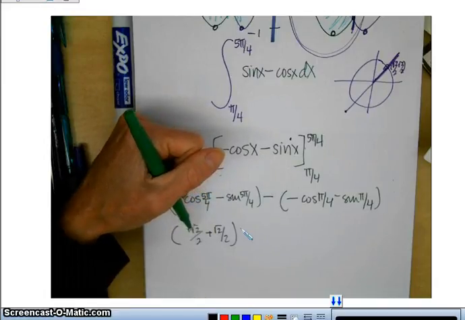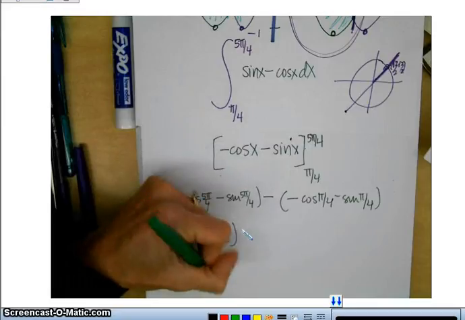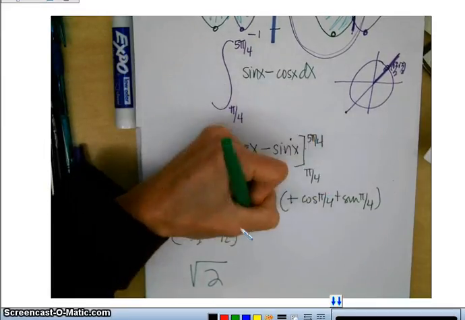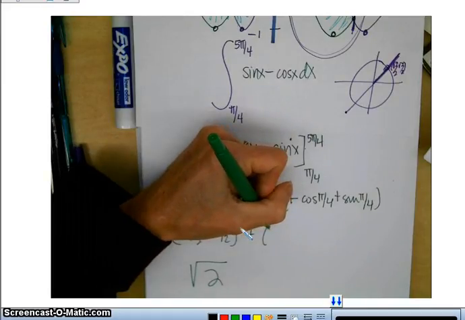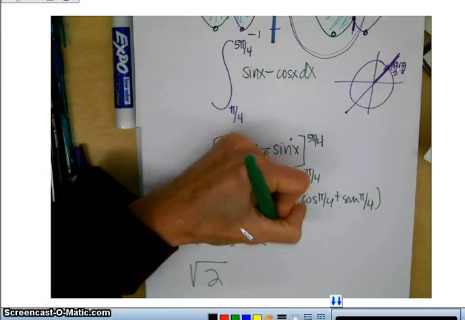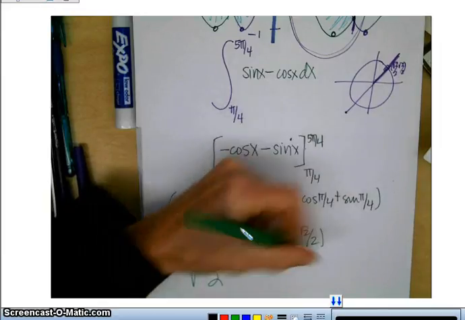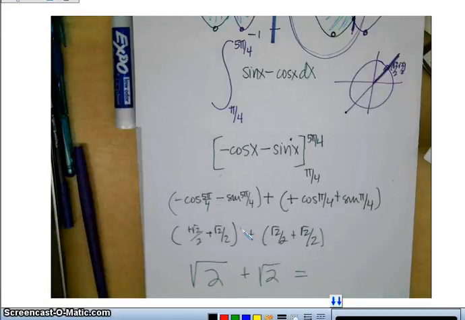So 2 radical 2 over 2's is just radical 2. I'm going to add the opposite of each of these. The cosine of pi over 4, radical 2 over 2, plus another radical 2 over 2 gives me again 2 radical 2 over 2's, which is another radical 2. My final answer is 2 radical 2.